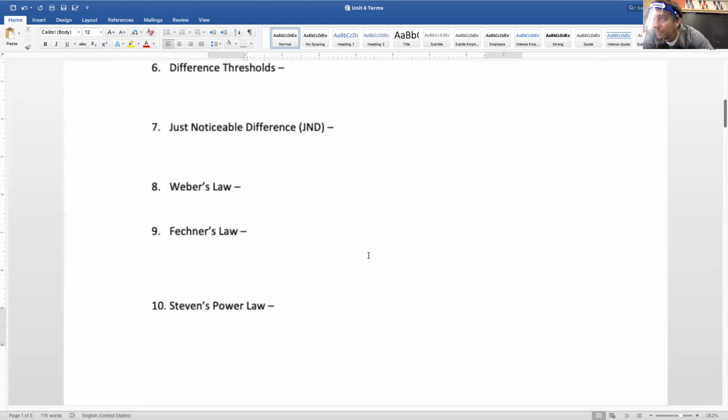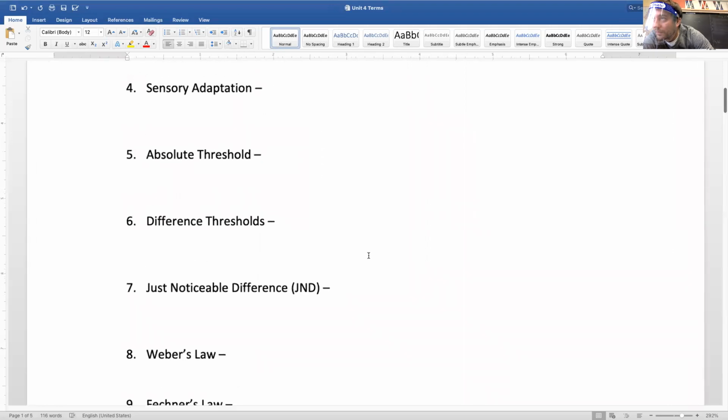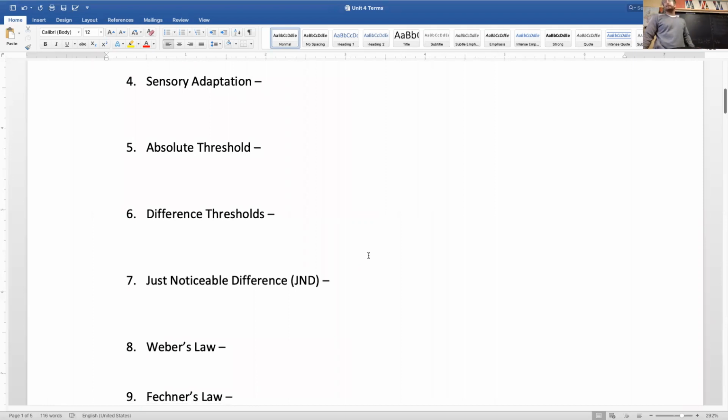Okay, sensory adaptation, absolute threshold, difference thresholds, just noticeable difference, Weber's law, Fechner's law, and I'll just move down as we're going through.